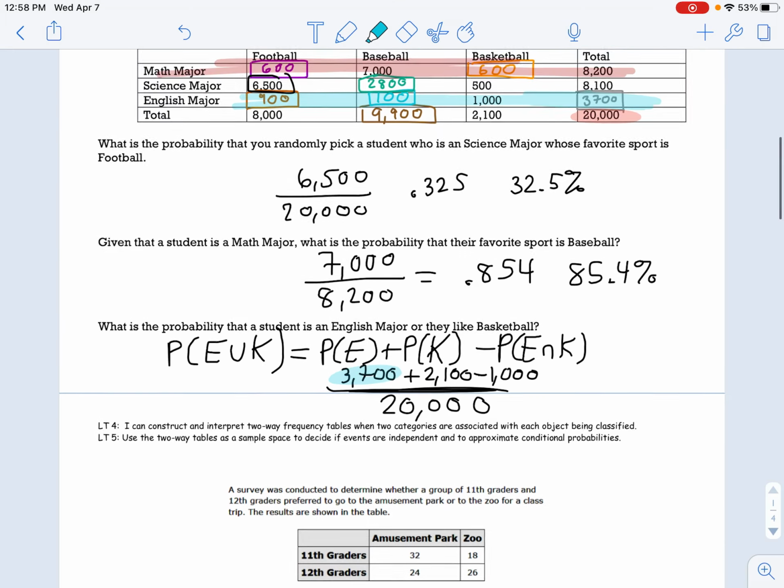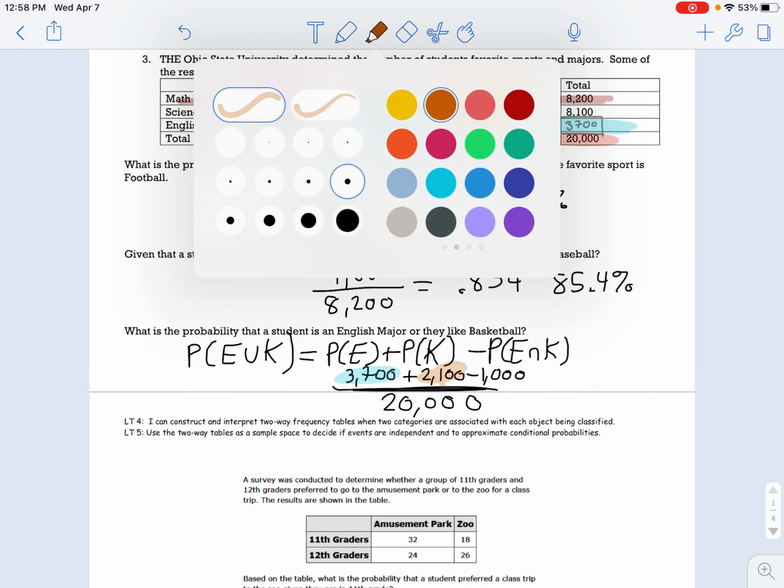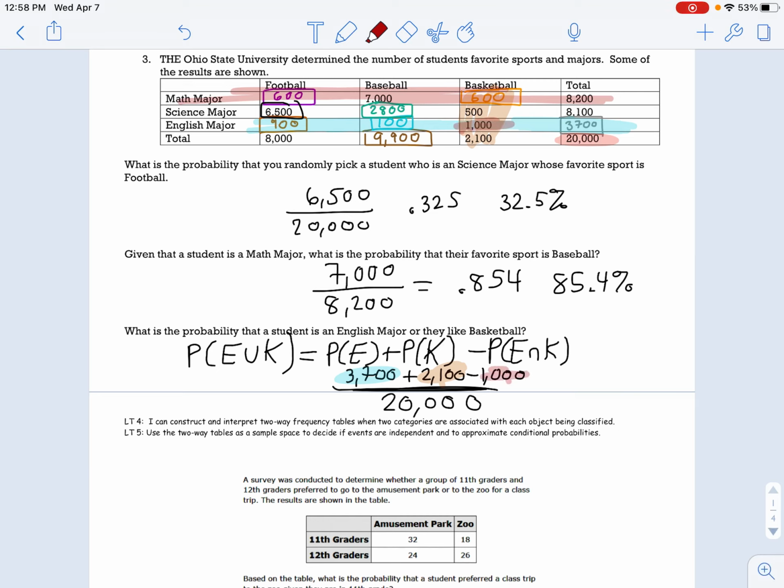We'll just move on. And then we have this down here. And then notice how we have to subtract the ones we double counted. So it comes out to 4,800 over 20,000, which is about 24%, exactly 24%.